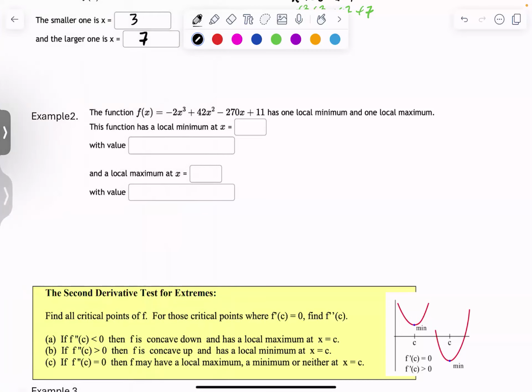All right, but before I do that, I'm going to find the derivative, negative 6x squared plus 84x minus 270 equals 0. And I'm going to divide through by negative 6.